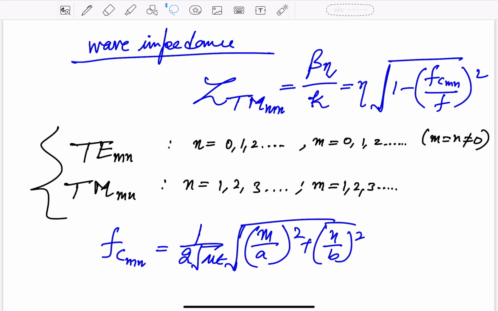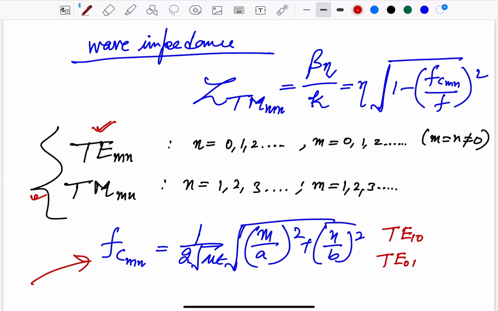Now if you see, according to this cutoff frequency formula, for both the TE and TM modes, particularly let us see the TE10 and TE01, these two modes have a cutoff frequency less than the lowest order TM mode, which is TM11.